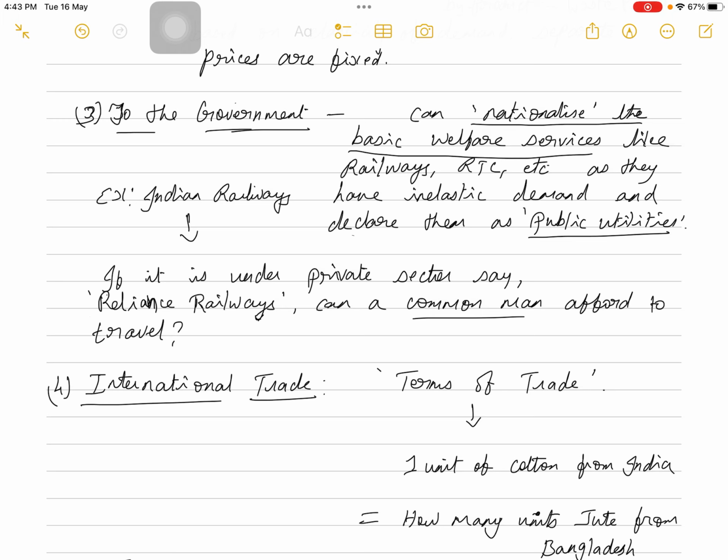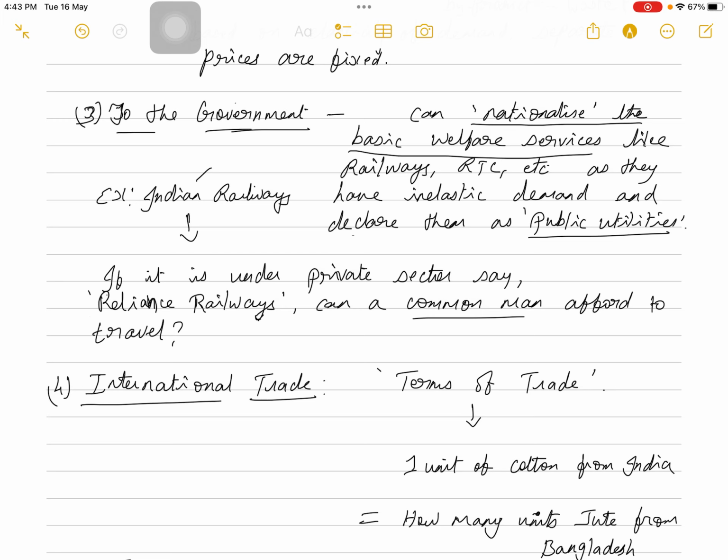So if it is under the private sector and it is called Reliance Railways, is it possible for the common man to travel through India by railways? It is not possible, because the price will be very, very high. Private sector normally charges very high prices. So this is a very essential service. All these essential services have inelastic demand.